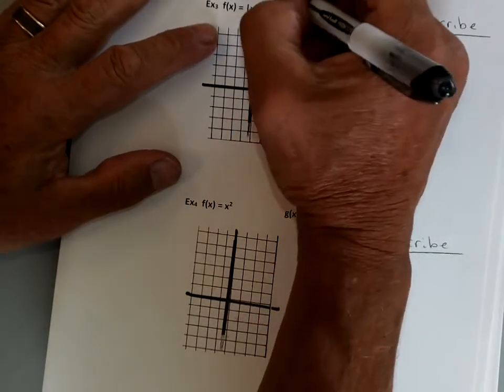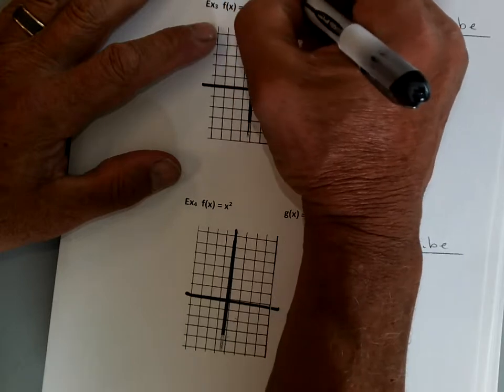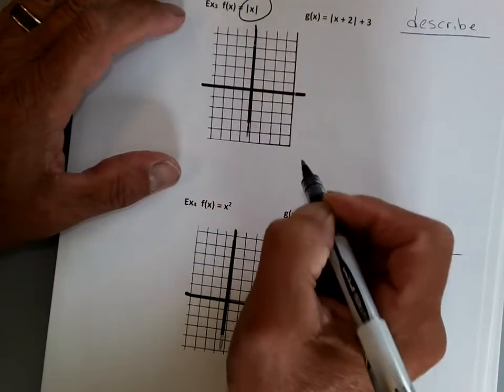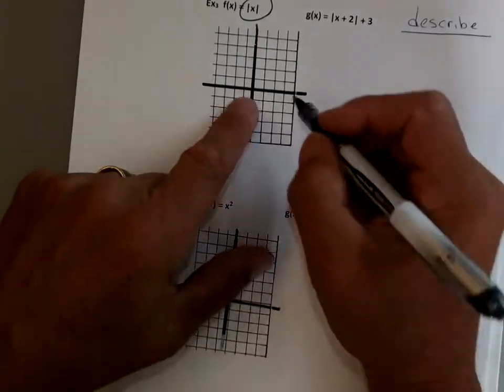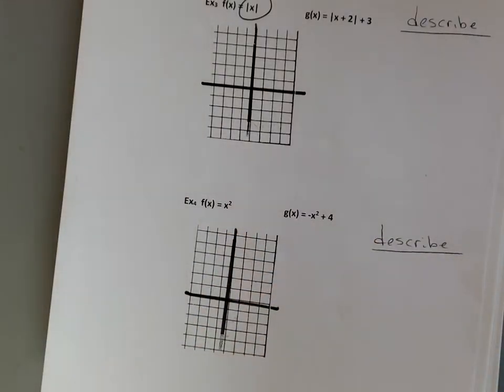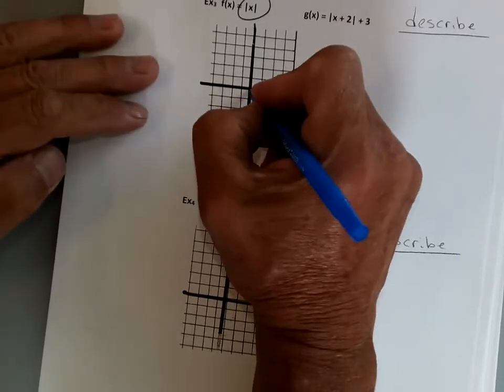f(x) equals, this is the absolute value function. Okay, so the absolute value function looks like this. For the parent function, I'm going to start at 0, 0.